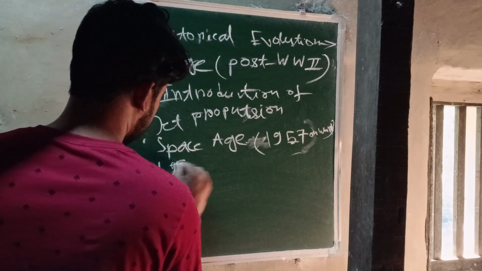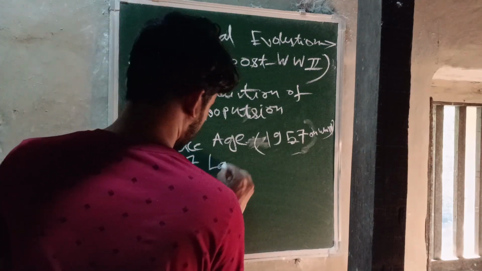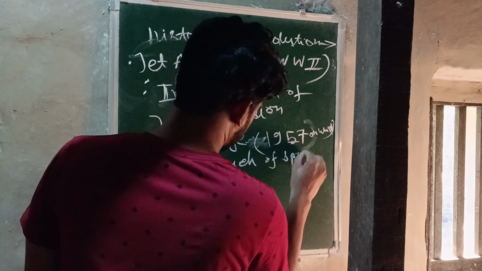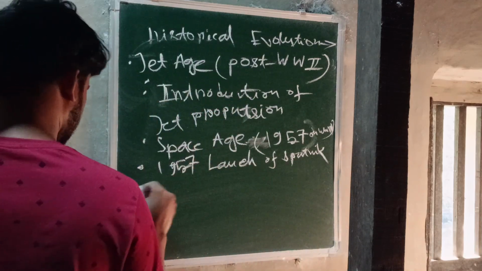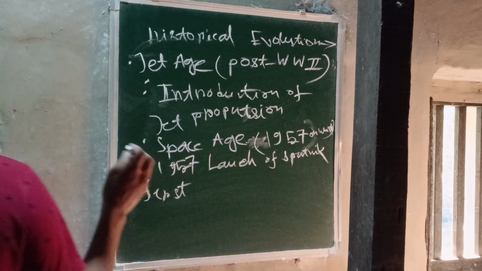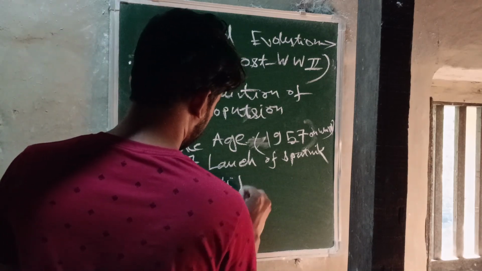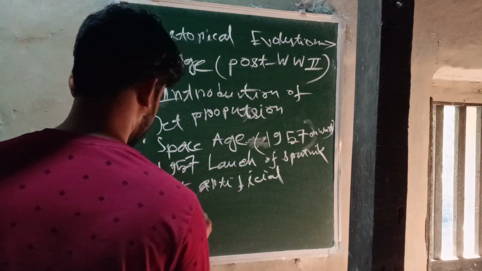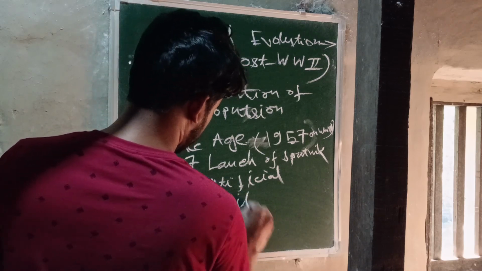In 1957, we see the launch of Sputnik satellite, the first artificial satellite.